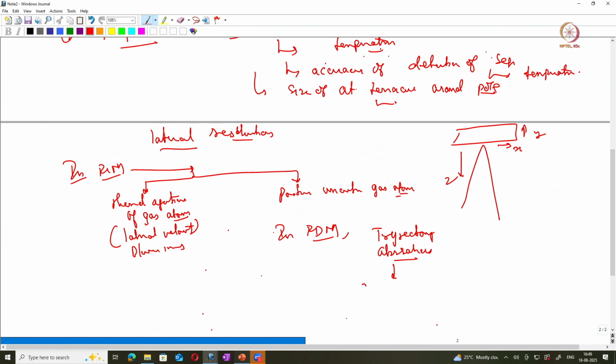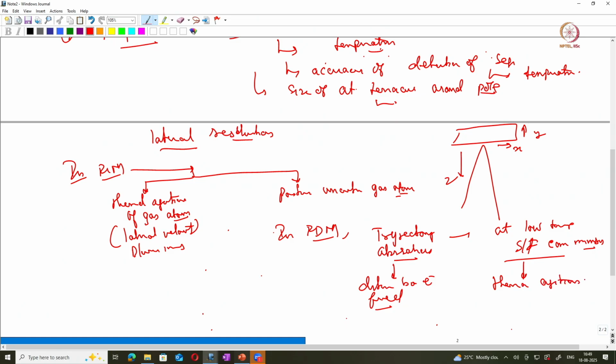That is related to your distribution of electric field. So at very low temperatures, your surface diffusion can be minimized, but actually the lateral resolution is limited by the thermal agitation of the surface atoms.